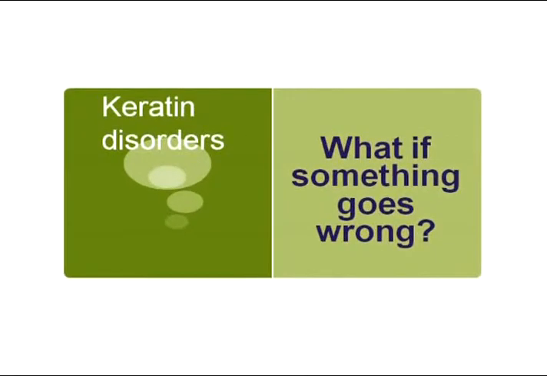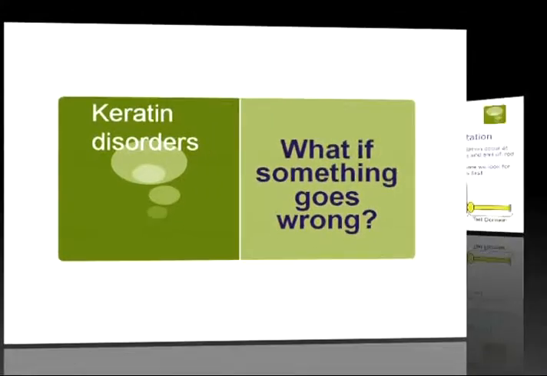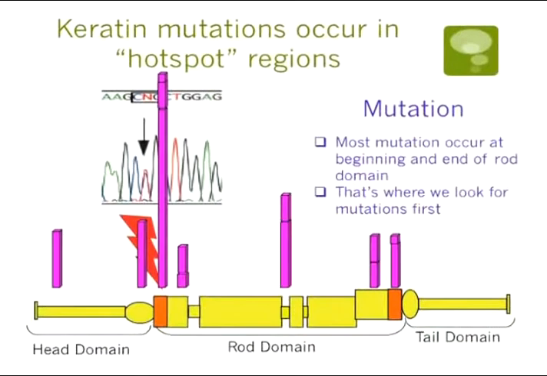So what if something goes wrong with those keratins and the way they are formed? Then we obviously have a keratin disorder. Let's go back to this slide that we showed so many times before and remember what Francis illustrated to us, how keratin mutations can occur by being just a spelling error affecting one single base in that protein and changing it at one position.